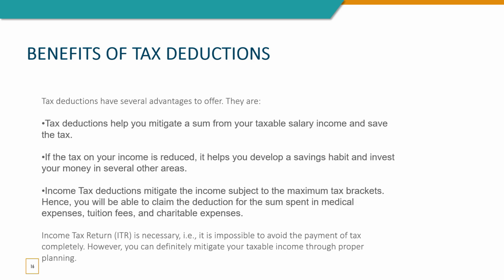They help you mitigate a sum from your taxable salary income and save tax. If the tax on your income is reduced, it helps you develop a savings habit and invest your money in several other areas. Income tax deductions mitigate the income subject to the maximum tax brackets. Hence, you will be able to claim the deduction for the sum spent on medical expenses, tuition fees, and charitable expenses.